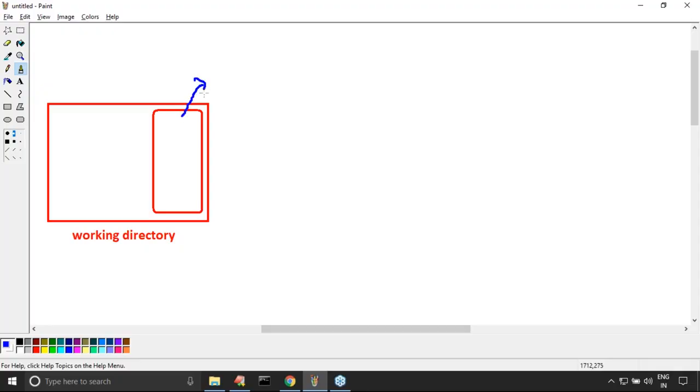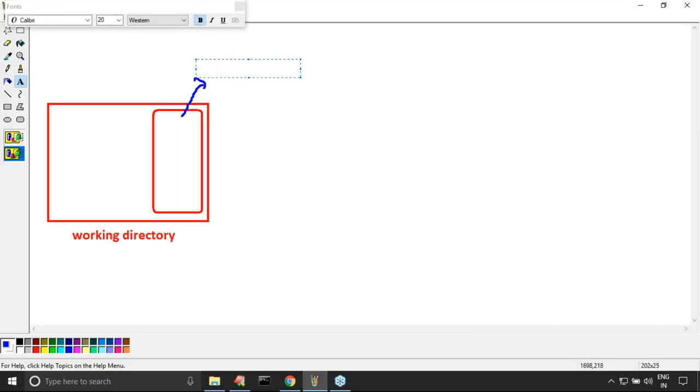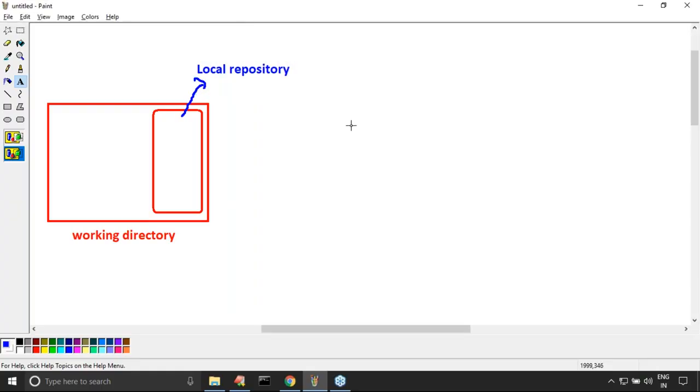What is this word? Respond. This one itself is a local repository. Every workspace contains a local repository.